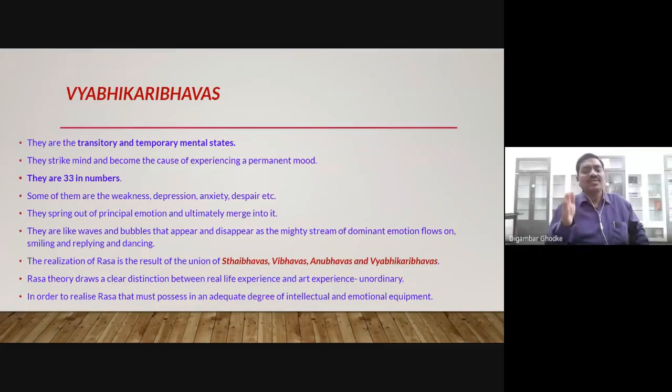They are not consistent, and they are temporary mental states. They strike the mind and become the cause of experiencing a permanent mood. And these vyabhichari bhavas are 33 in number. Now, what are these? They are weakness, depression, anxiety, despair, etc.